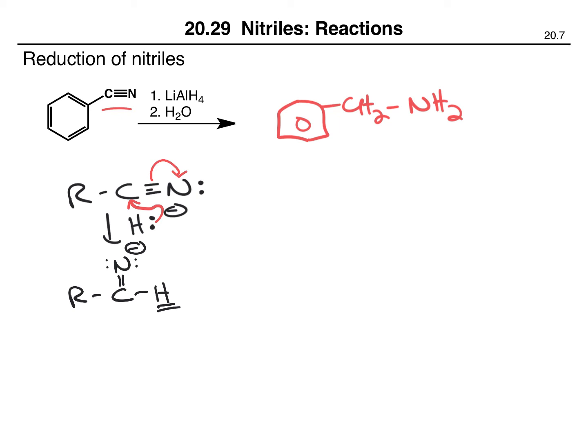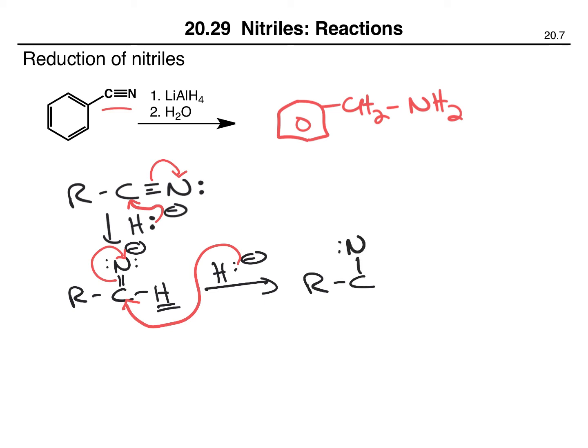Now, another equivalent of hydride can add, and this is one that probably doesn't seem very believable, and it's because I am skipping some details, but that would give us a single bond to nitrogen with 3 lone pairs and a charge of -2, and a hydrogen connected to the carbon.